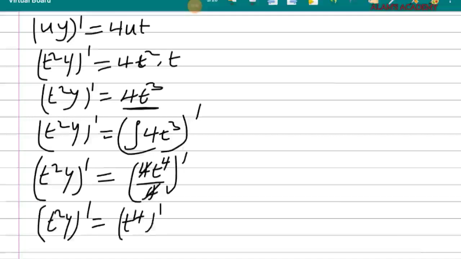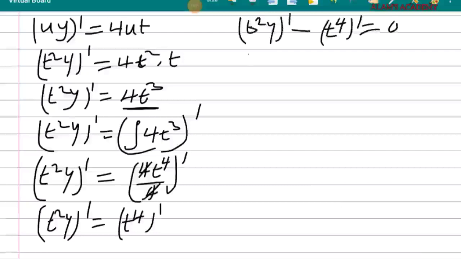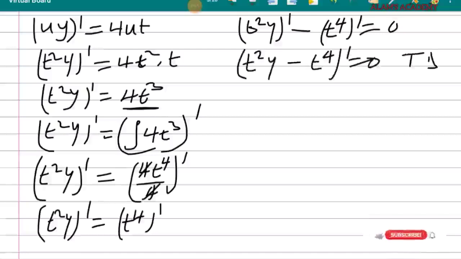Now I group like terms, so I'll send t exponent 4 across the equal sign. So I have (t squared y)' minus (t exponent 4)' equal to 0. Now factorize everything into one bracket. I have this equal to 0, and this is the total derivative.